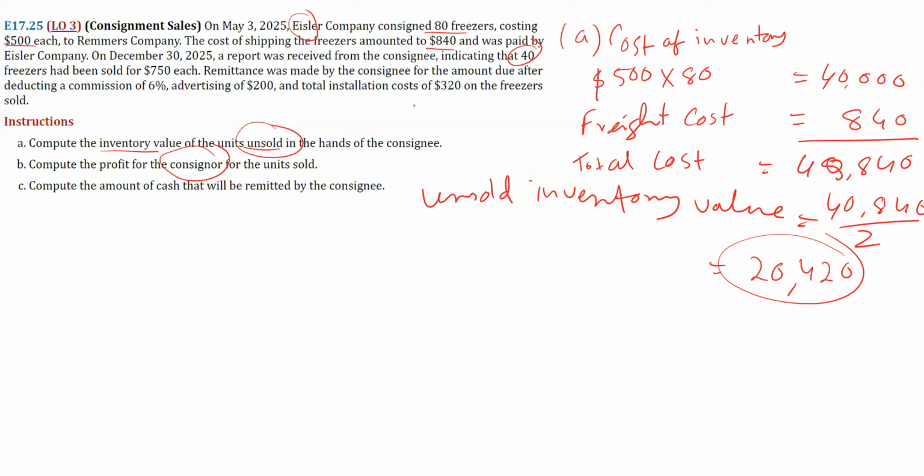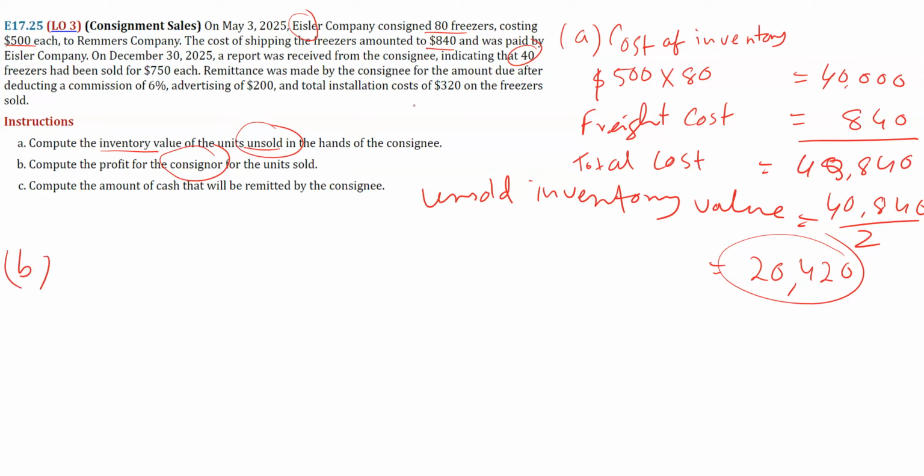Then they have to pay a 6% commission to the consignee based on the total sales revenue. Then you have advertising cost and installation cost that the consignee usually pays, but those will be reimbursed. So we'll subtract all those costs and then calculate the profit. So let's calculate the profit here.